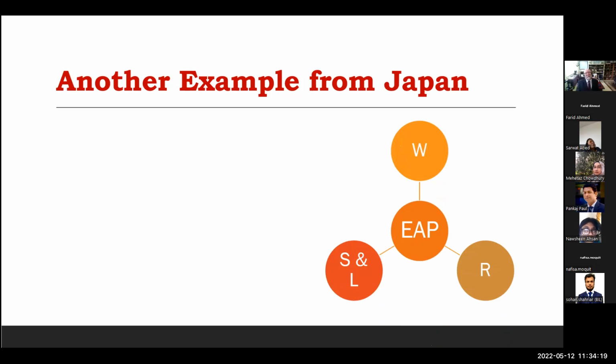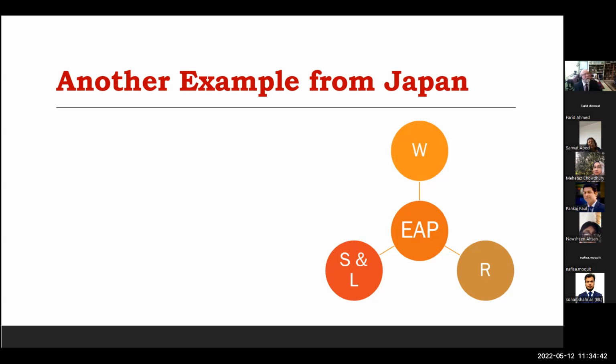And one thing we have is in our EAP program, the kids all take writing classes, reading classes, and speaking and listening classes. They were completely separate when I arrived. And I wanted people to have at least a point where everything would intersect, where everything would come together. They would use all the skills together to do something.